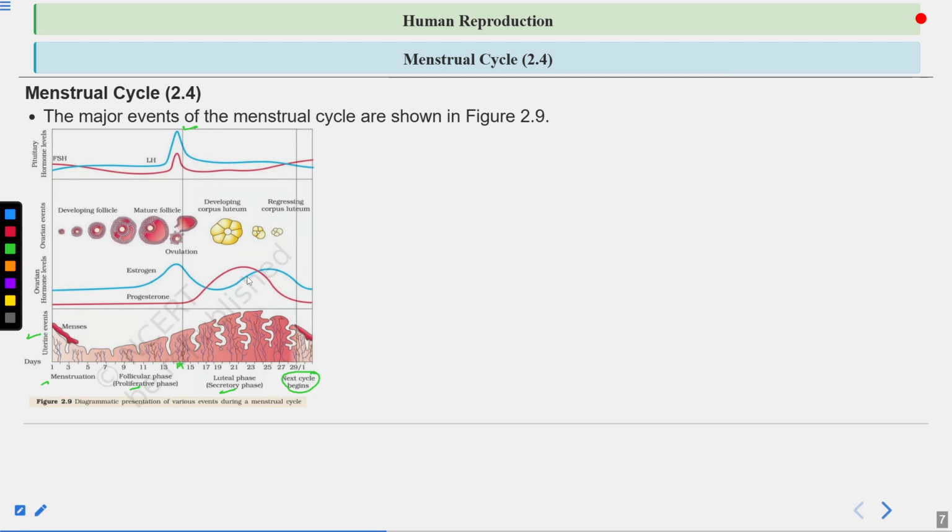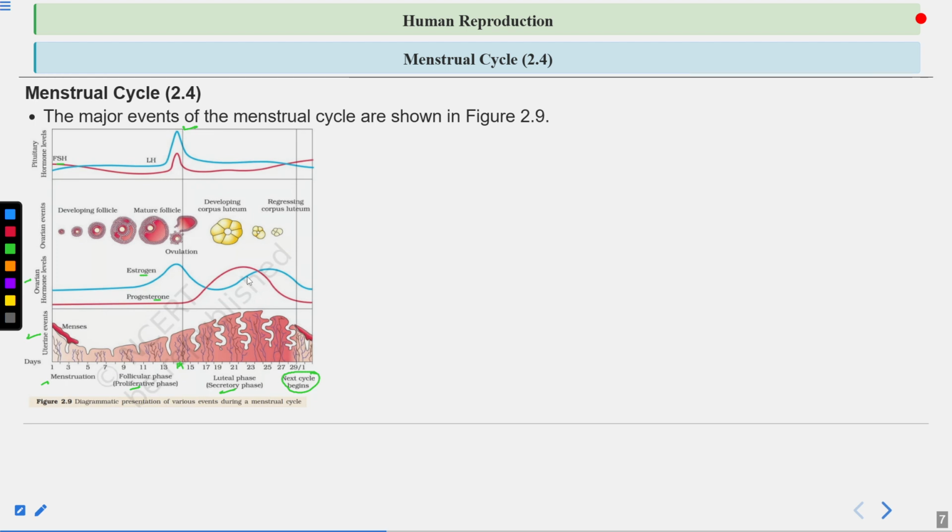Then we'll talk about the ovarian hormones, meaning hormones released by the ovary, which are estrogen and progesterone. Then the follicle developments, the ovarian events. And then the pituitary hormone levels. These hormones, FSH and LH, are secreted by the anterior pituitary.